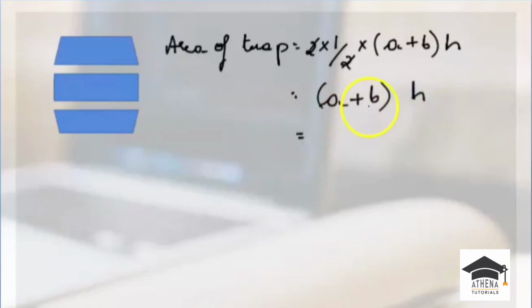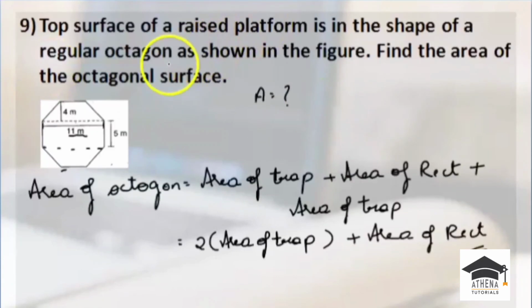These are 2 parallel sides. So let's look into this trapezium first. This is 5 meter, since all the sides are 5 meters, and B is nothing but the other parallel side, that is 11 meter and height is 4 meter.